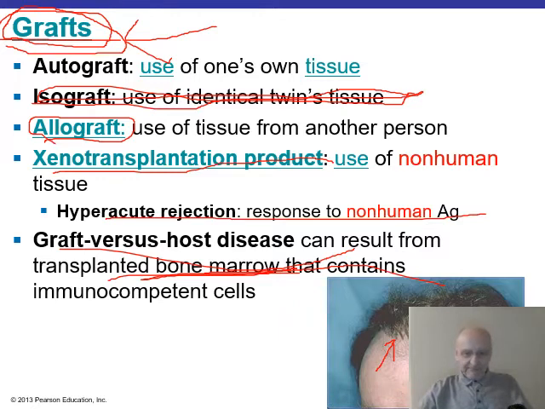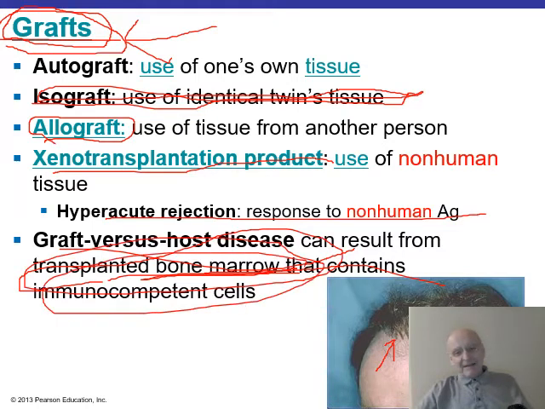This is the notion, but you'll always have leftover T cells in the lymph nodes and so on. And the thing is, these T cells coming out of the bone marrow may start attacking you. It's graft versus host, and this is a real problem.